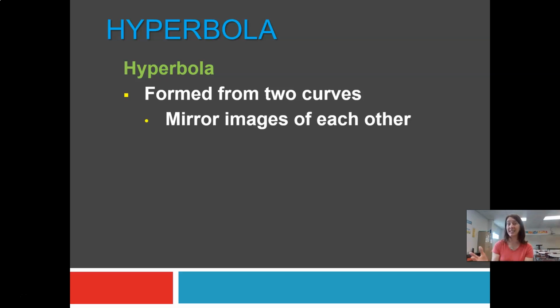And when we actually get to see the question, I'll explain that a little bit more clearly than right now here in our lesson. As we're looking at the hyperbola, there's two different formats that you could have, just like there were two different formats for the ellipse. The format that you have is going to tell you where these two curves are going to be on the Cartesian plane.